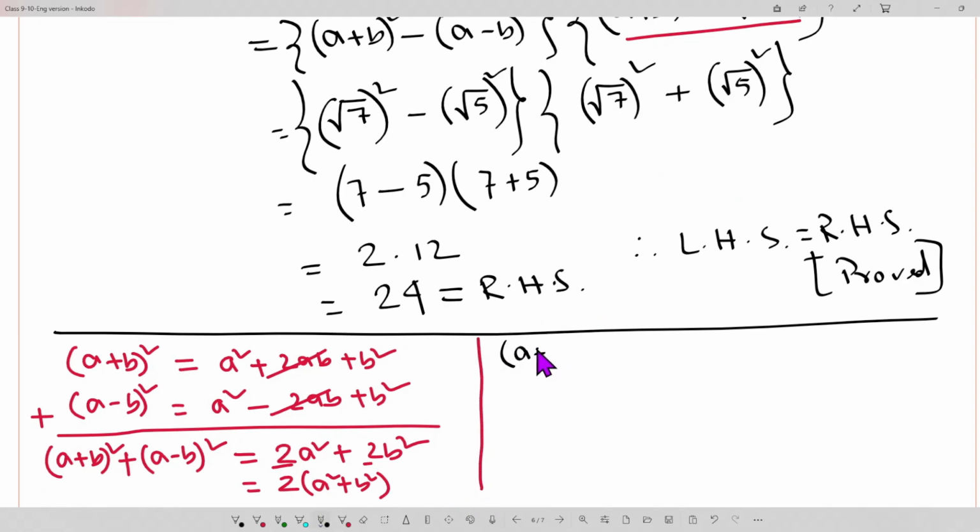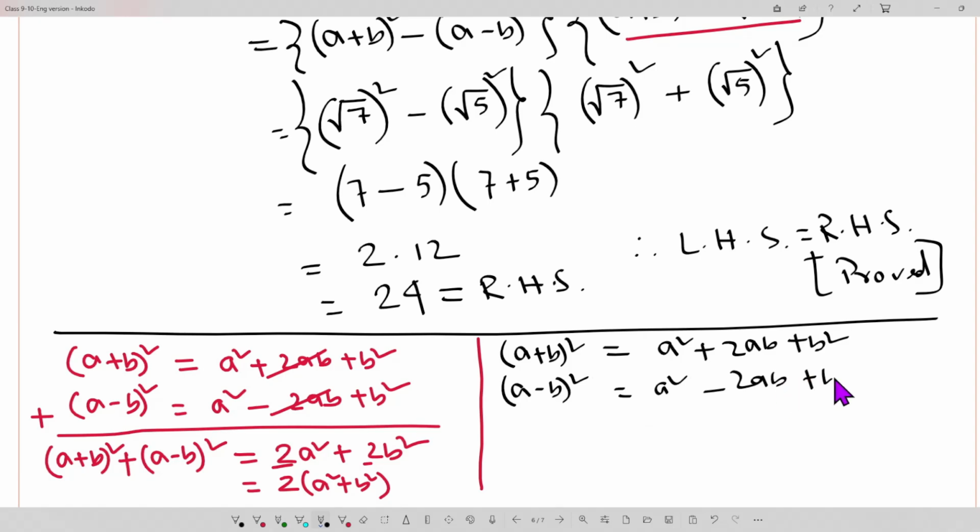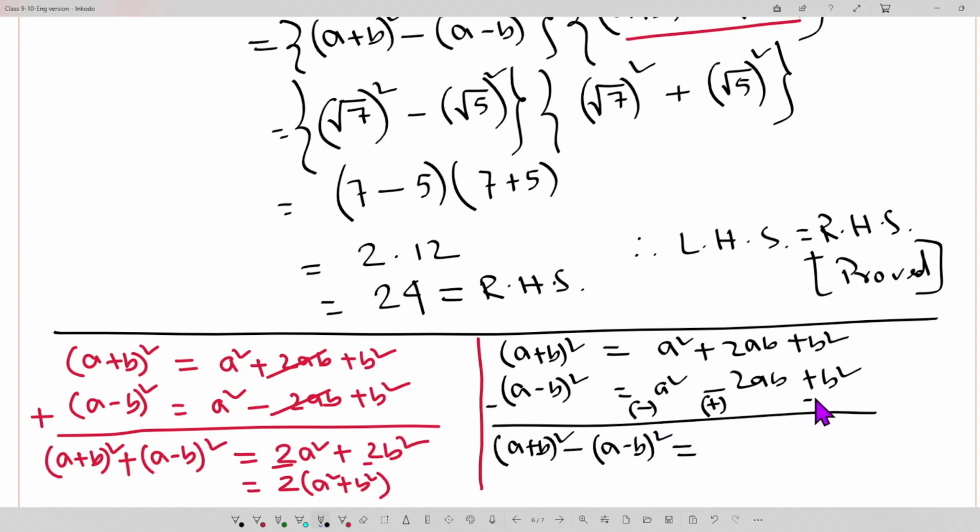Similar thing, again we can write (a plus b) whole square, it means a square plus 2ab plus b square. Same, (a minus b) whole square means a square minus 2ab plus b square. Now if we subtract, here is (a plus b) whole square minus (a minus b) whole square, and here every sign will be changed.